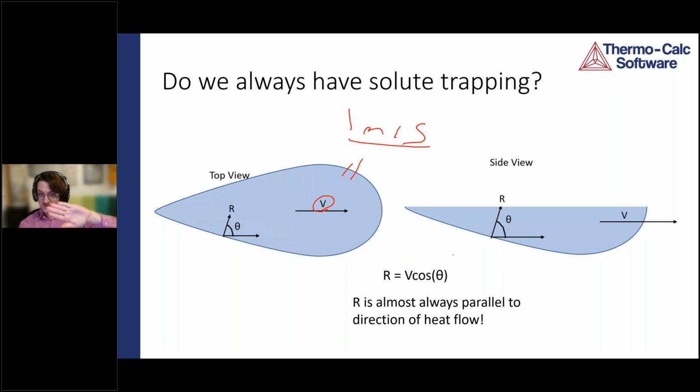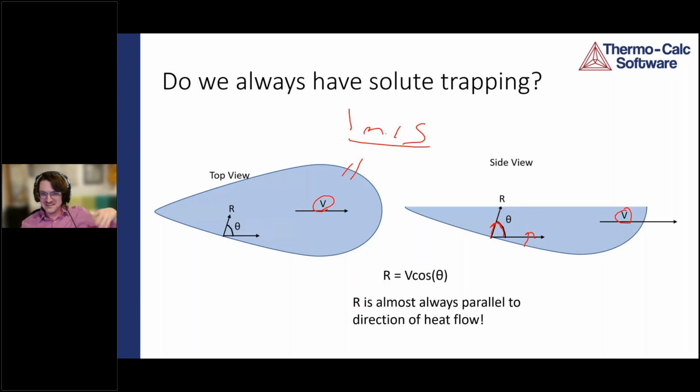The dendrites don't grow in that direction. They grow kind of like parallel to the heat flow, and the heat flow will dictate the weld pool shape, right? So the dendrites are kind of, if we look at the side view, I think the side view is easiest to imagine, the dendrites are going to grow this way, right? And so this angle, the speed at which the dendrites grow is actually the cosine of the angle times the velocity. So the faster you go, typically the longer the weld pool gets, and so the steeper this angle gets, which means the speed of the solidification is not that high, right?